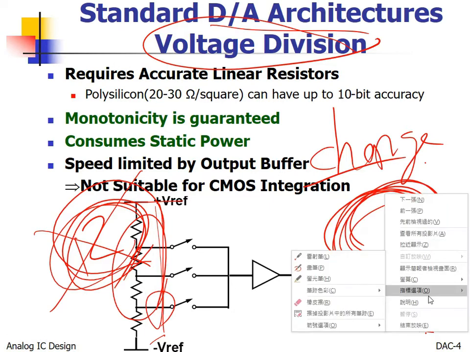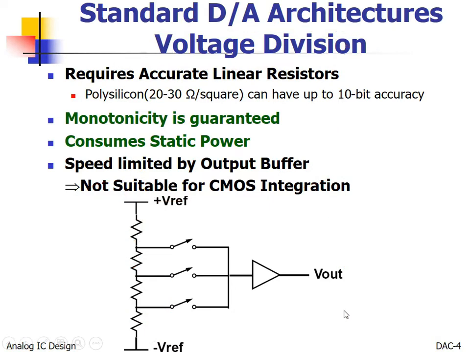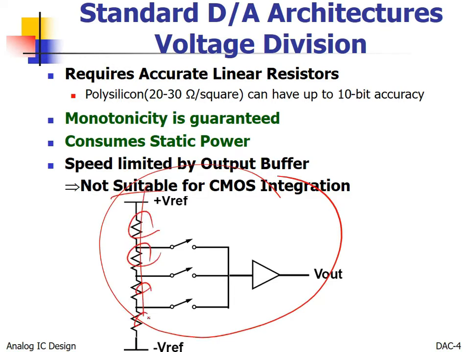However, voltage division is some kind of DAC structure by nature. If you have any kind of double E background, I think you will know what it would like to tell you, right? From the top to the bottom, we use resistors to divide the reference voltage, and then your input is used to select the proper one to be connected to the output.